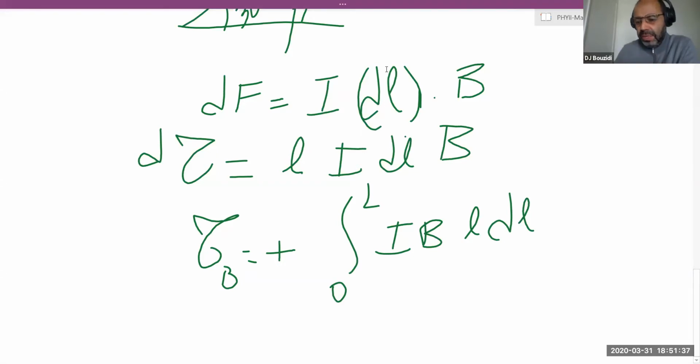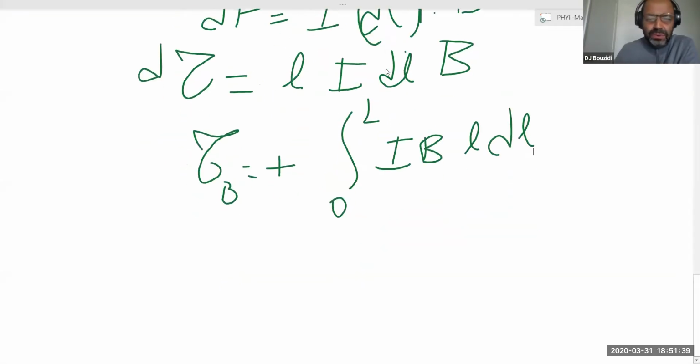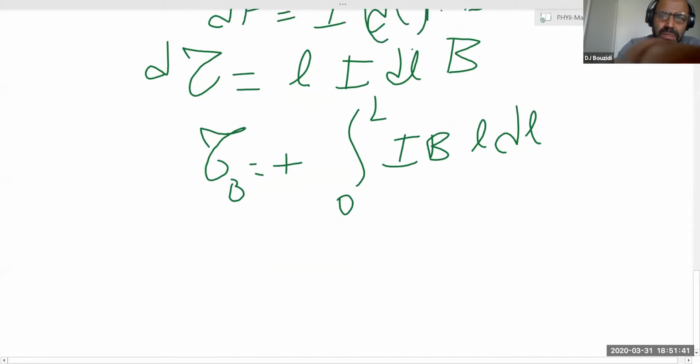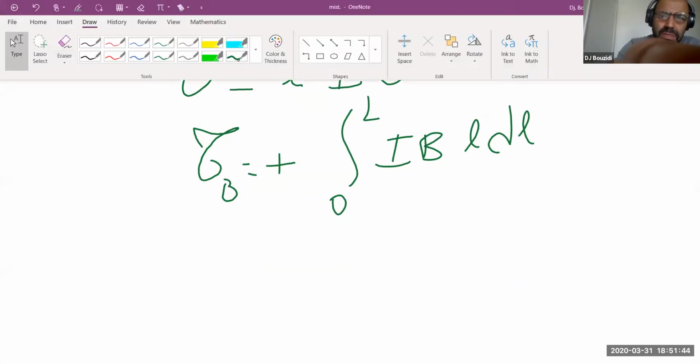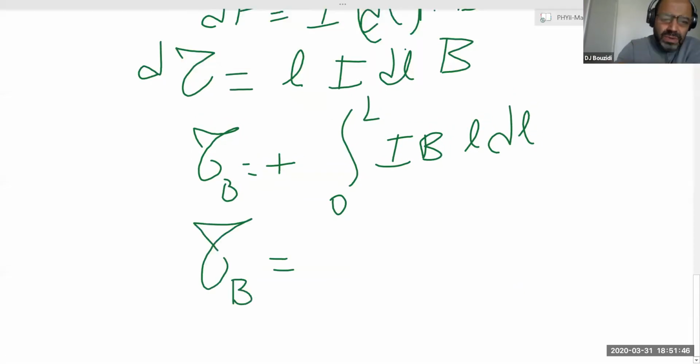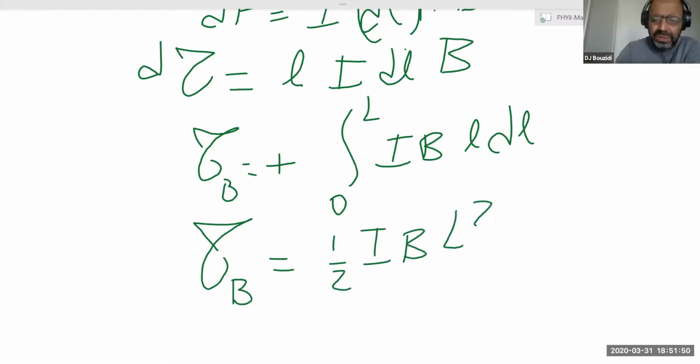That should give me a value that is tau B, which is 1/2 of I times B times L squared. If somebody would have argued, wait a minute, this is as if the entire magnetic force is acting at the center, making a 90-degree angle, they were correct.